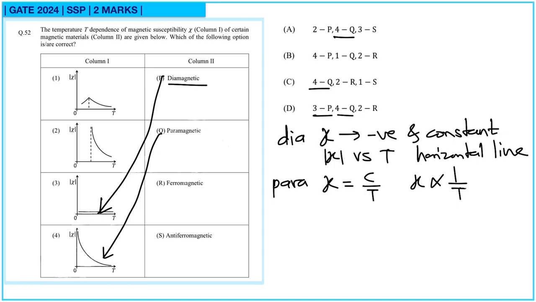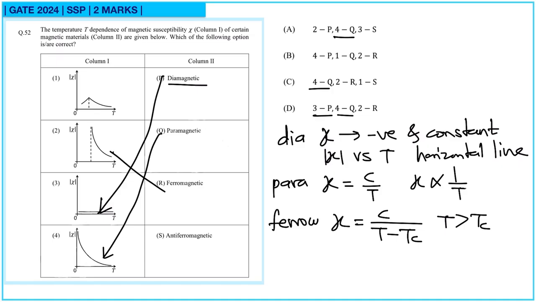Then for ferromagnetic material, Chi is equal to C upon T minus Tc when the temperature is greater than Tc. So this one is for ferromagnetic material. And lastly, for antiferromagnetic material, Chi is equal to C by T plus Tc.